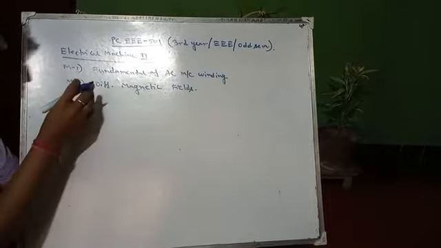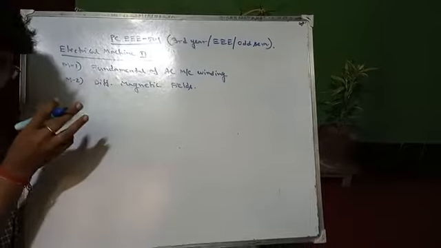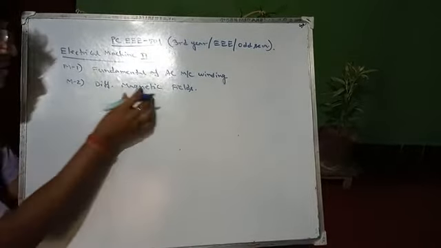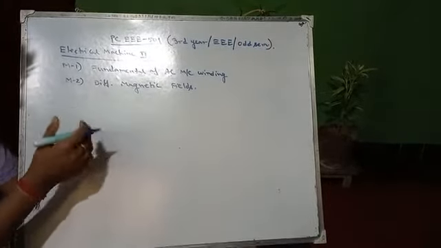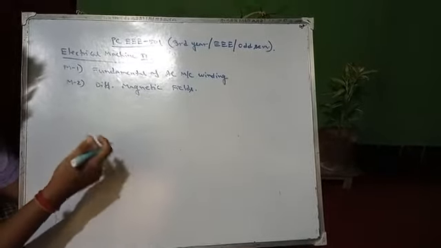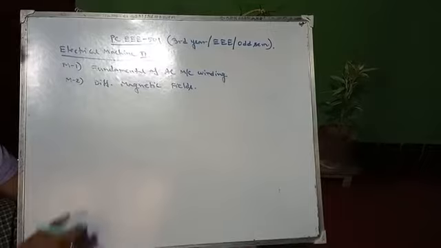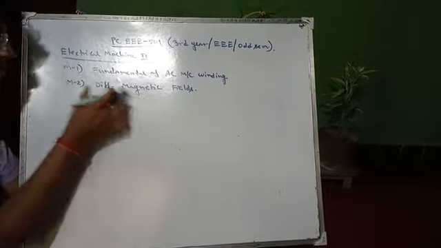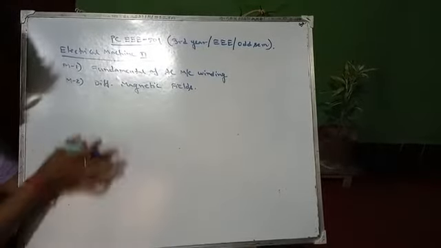The most important concept is the magnetic field, and how magnetic energy is associated with a particular machine. This is the most important chapter. These two are the basics of your Machine 2.